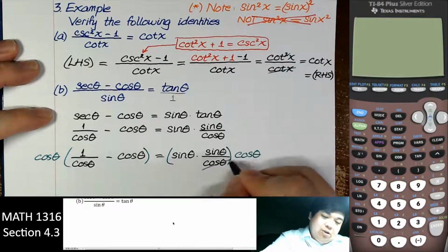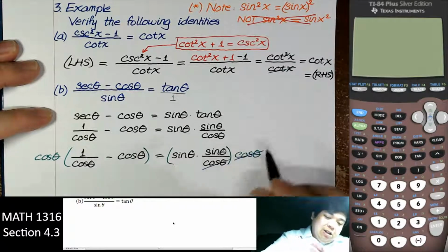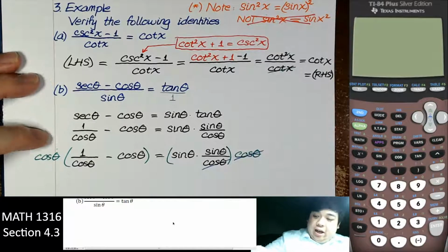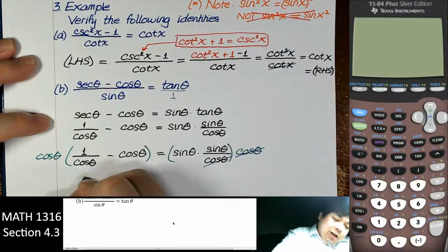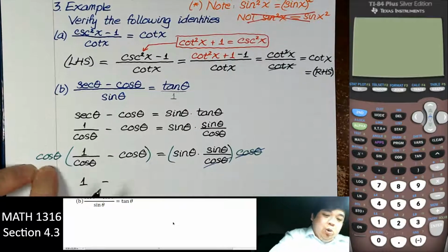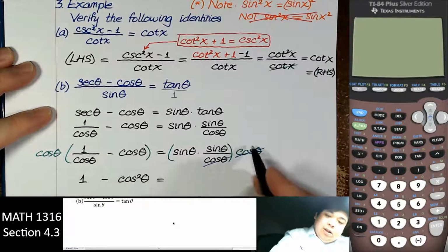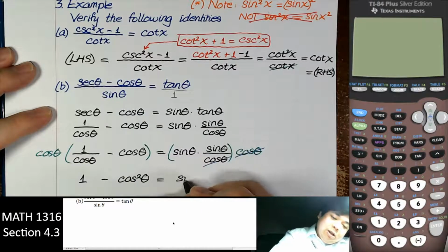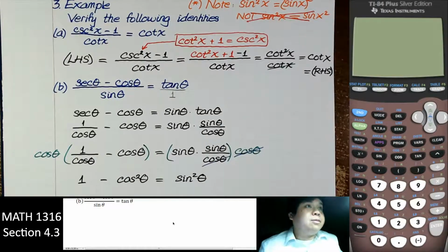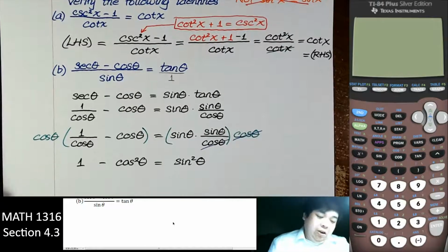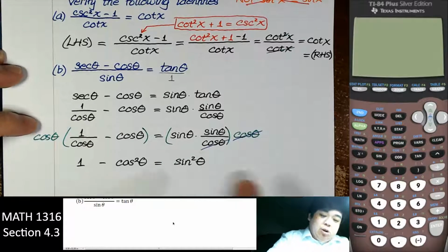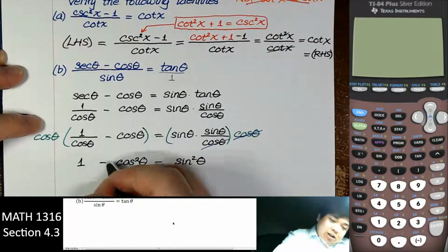And then that cancels out. Cosine times cosine cancel out. We have 1 minus cosine times cosine is cosine square. That cancels out. We have sine square. Right? And then of course we can add cosine square on both sides.